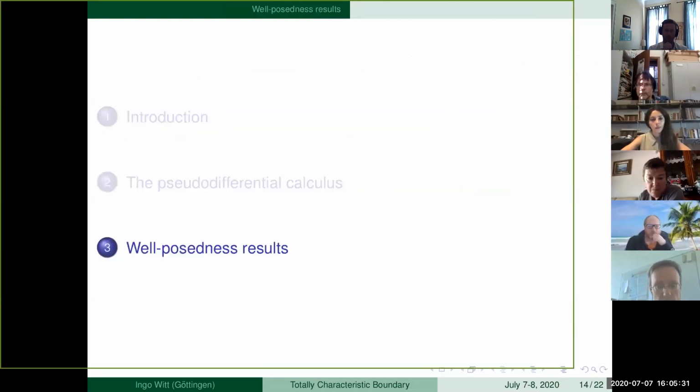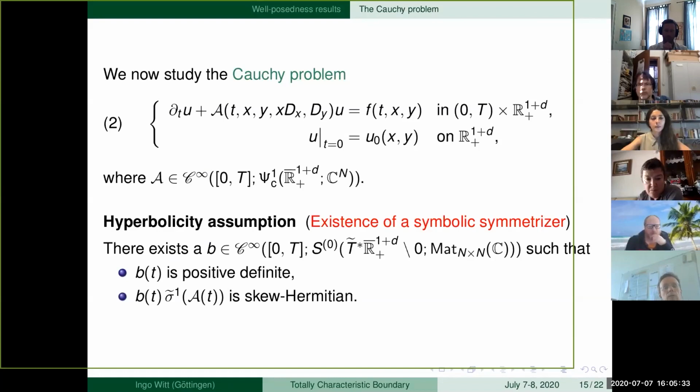Okay, so what is then the result? Now we write, instead of a differential system, a pseudo-differential system. So we take A to be smooth in t, taking values in the class just introduced. Now C^n means it takes vector functions to vector functions, so we have a system. Otherwise, it is just the same as before.